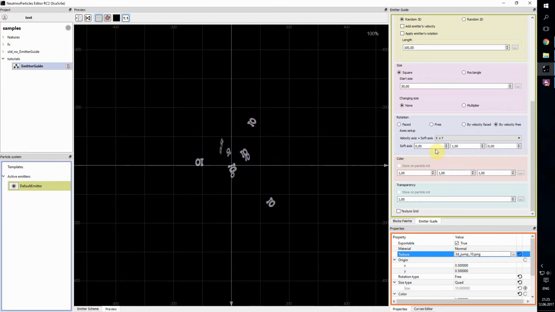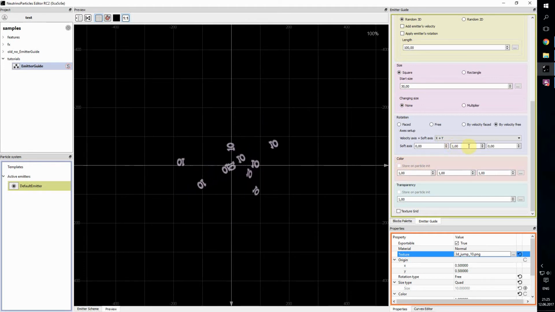but again, let's look closer at the current effect. We have the velocity axis, hard axis x, so all particles direct their right side, the x-axis, to the velocity vector, and the y-axis, the top side, is always trying to be the y world axis.